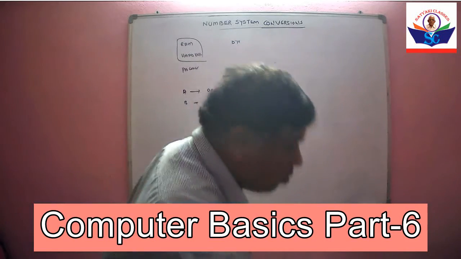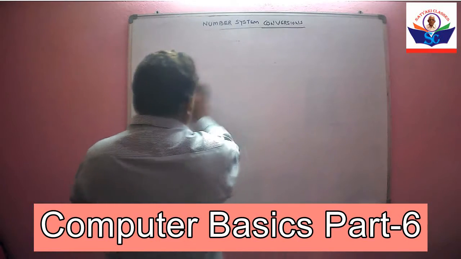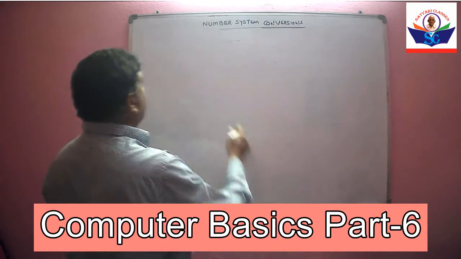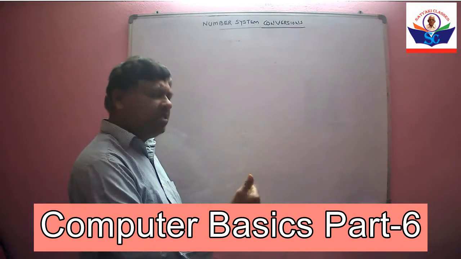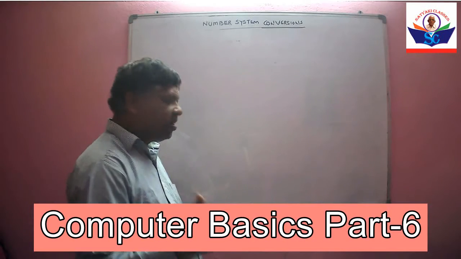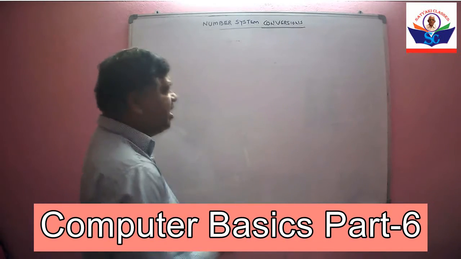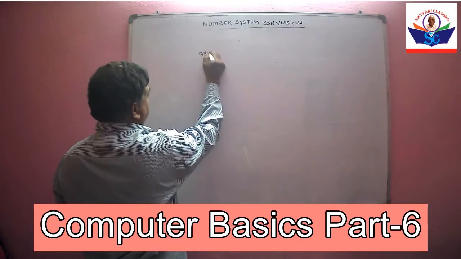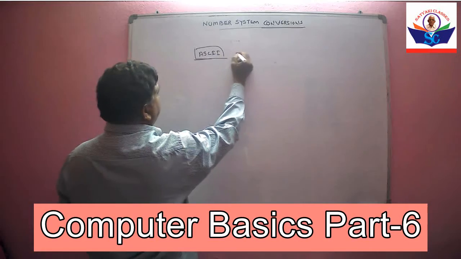By using some coding system, these alphabets, numbers, digits and symbols are converted to zeros and ones. What is the coding system? ASCII code. What is the full form of ASCII?